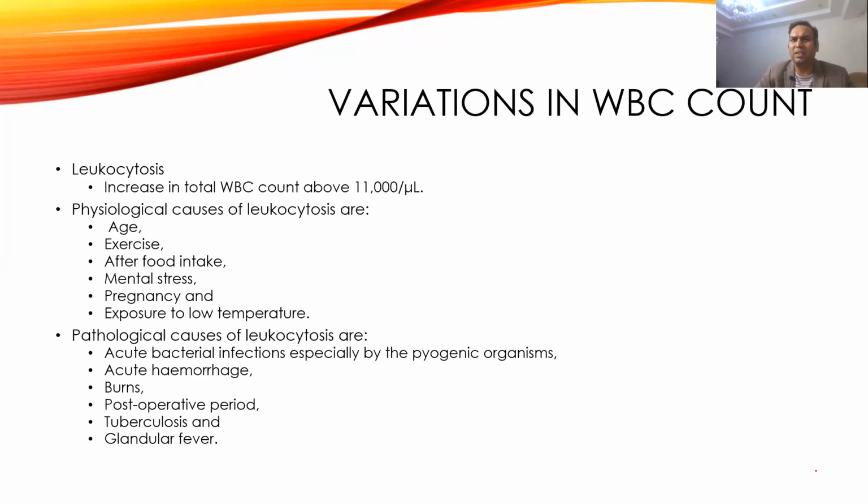All infections usually increase it, except a few. For example, in enteric fever there is a relative decrease in WBC count. Why I'm saying relative: there is an increase, but considering the severity of the infection or fever, it is not that high a count, and there it is more the lymphocyte count that increases. In viral infection, lymphocytes increase and neutrophils decrease. In chronic infection, there is more lymphocyte increase and less neutrophil count.